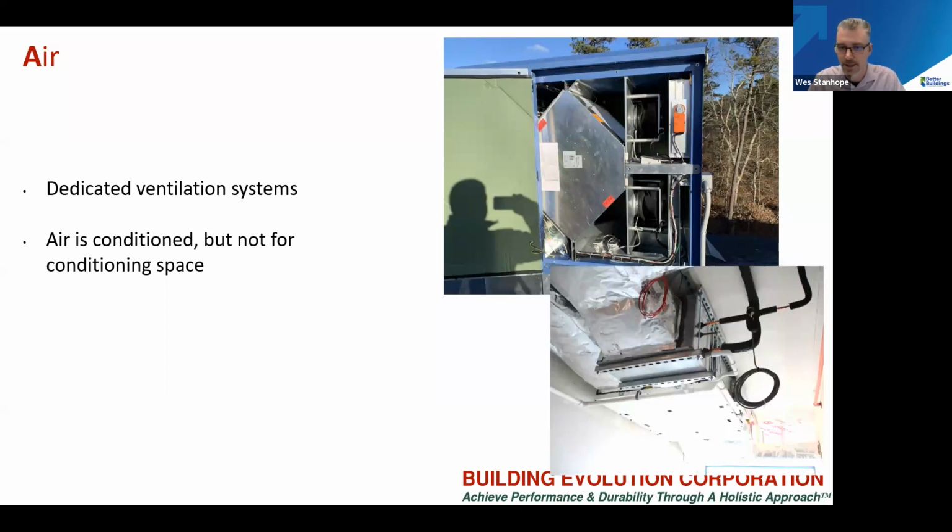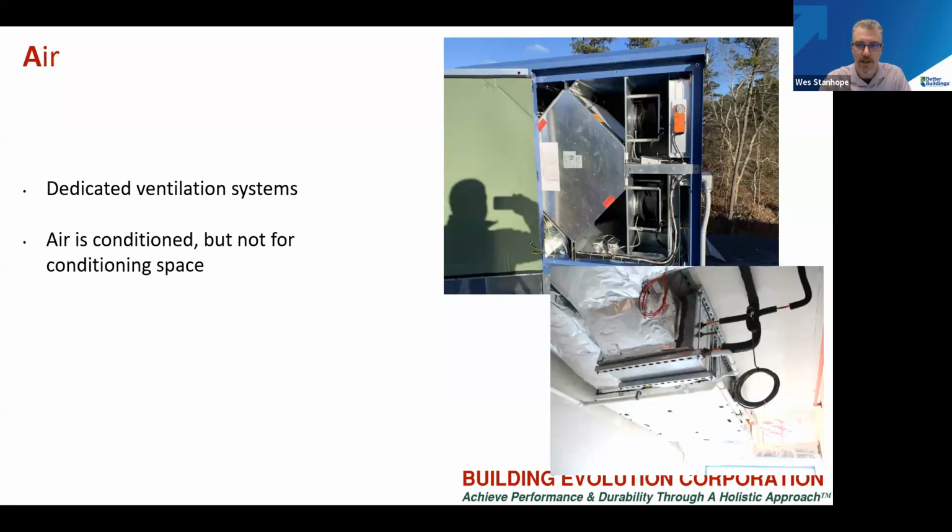So going back to that example I discussed at the opening slide, where the ERV was also doing space conditioning of the corridors, ventilation should not be doing the actual heating or cooling of the space. The ventilation should just be tackling these outdoor air requirements and the exhaust.